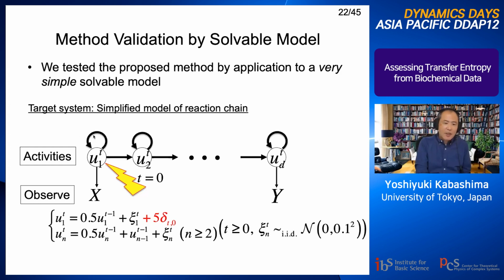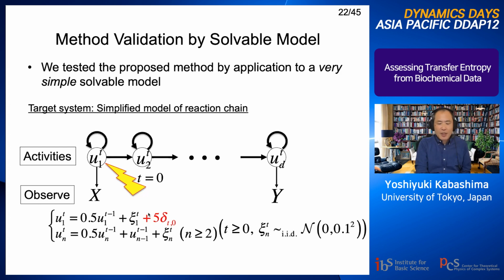for this component. This component corresponds to the X, this observed one. And the stimulus propagates to the right direction. And after the D step, we observe Y. Okay, and the dynamics of this component is described by this one.